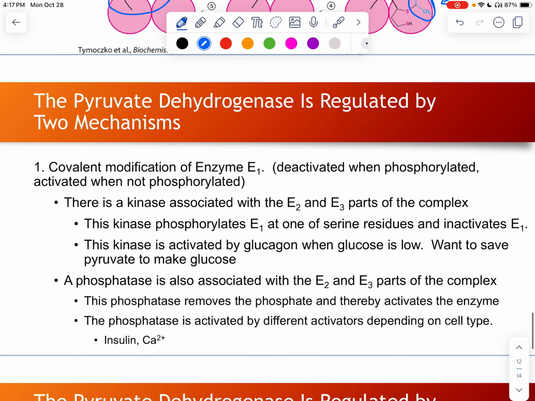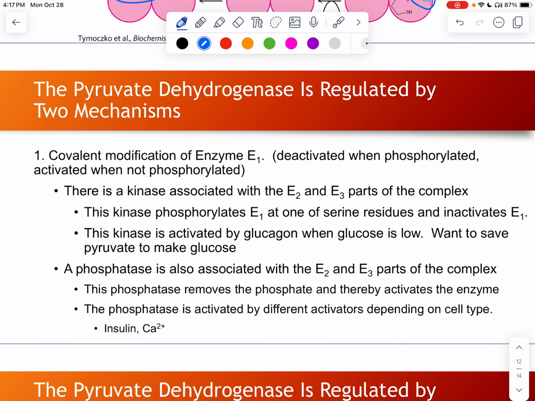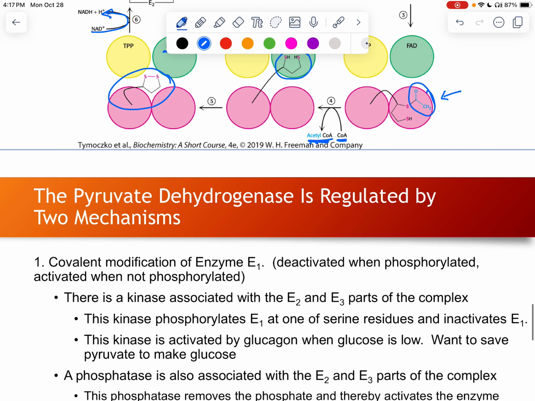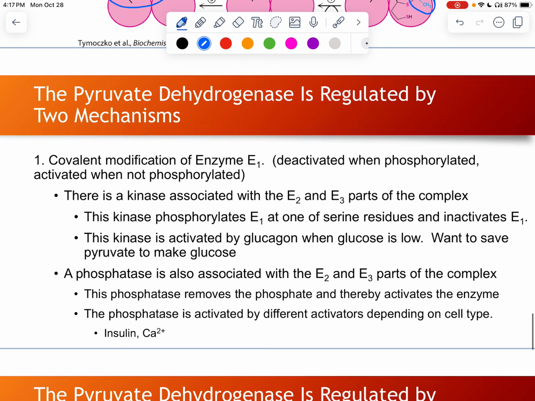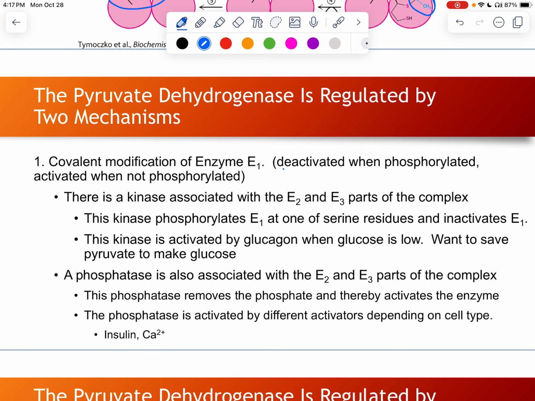Let's talk a little bit about how it is regulated. And it is regulated in two different ways. The first way is through covalent modification. So enzyme 1, remember this yellow one, is deactivated when it's phosphorylated and activated when not phosphorylated.